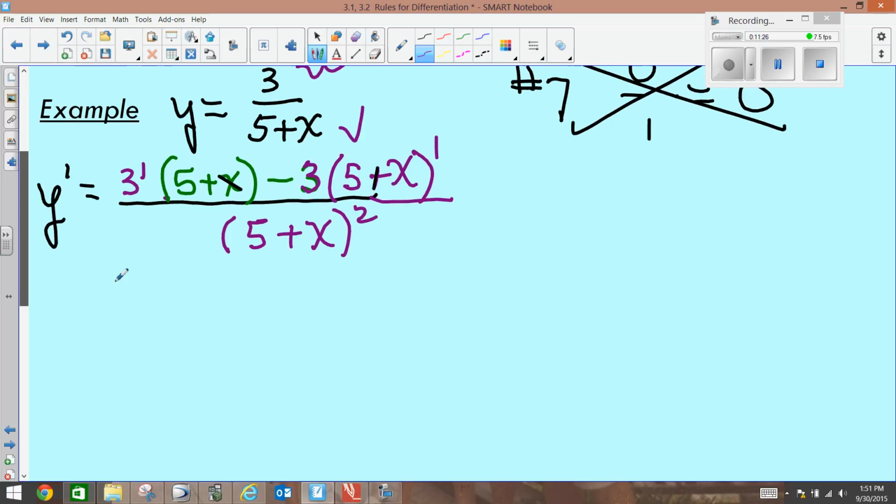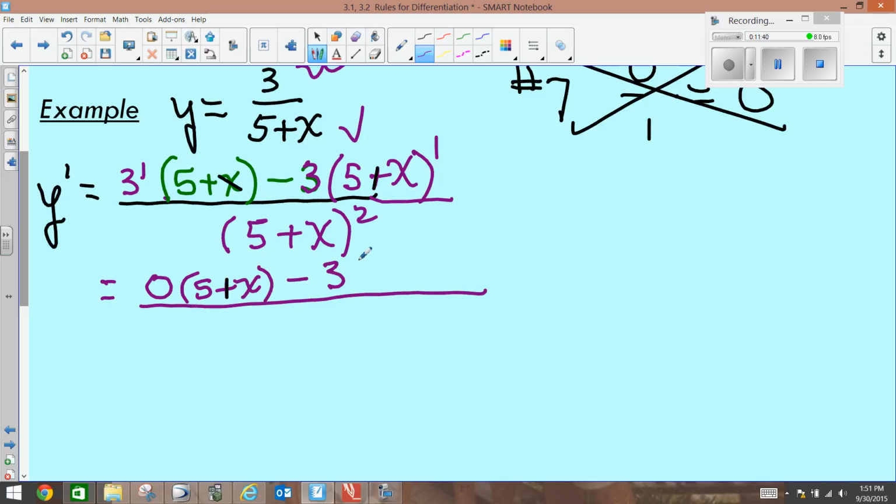Okay, here we go. The derivative of 3 is 0. It's a constant, so I don't care what this is. I'm done with it. Minus 0 times 5 plus x if you must. Minus, okay, what's the derivative of 5 plus x? That would be 1. And then we have 5 plus x squared.